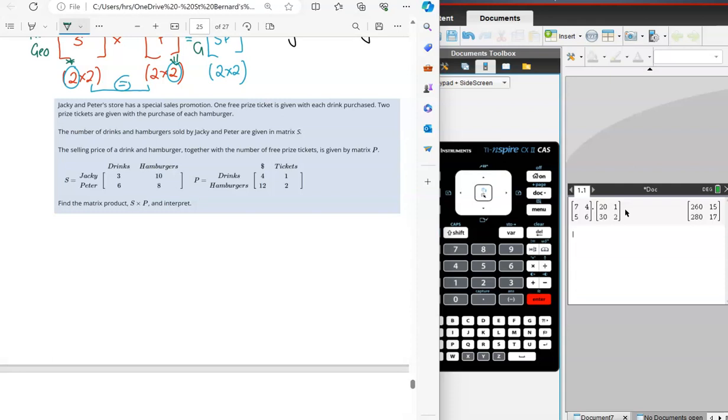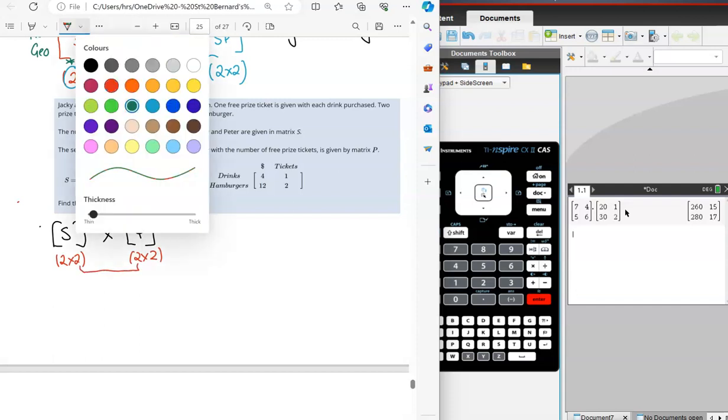So if I work that out here, we're going to do S multiplied by P. We can do it on our calculator, so we don't have to do it manually.